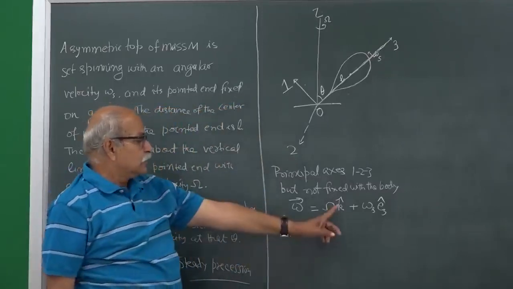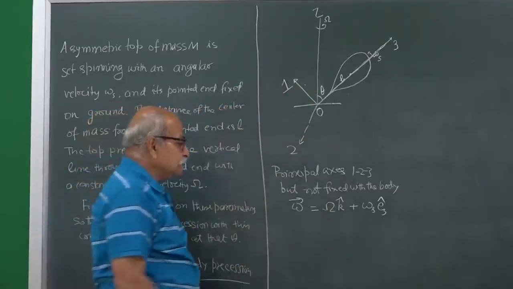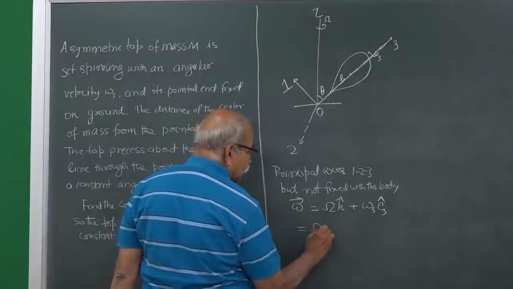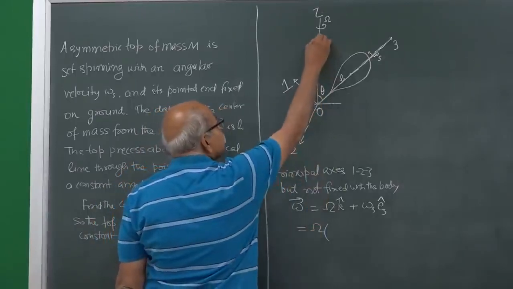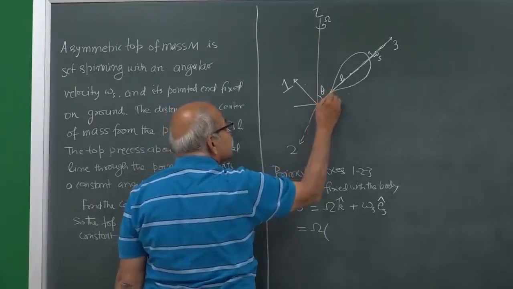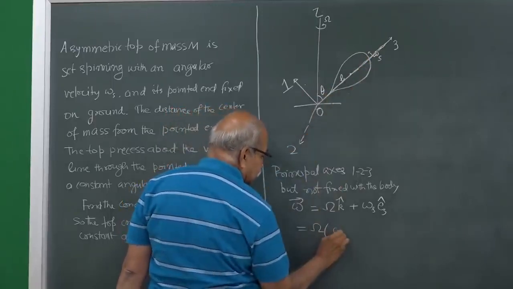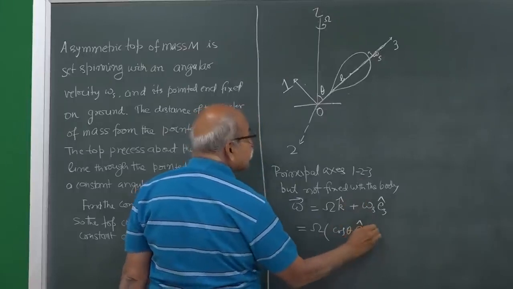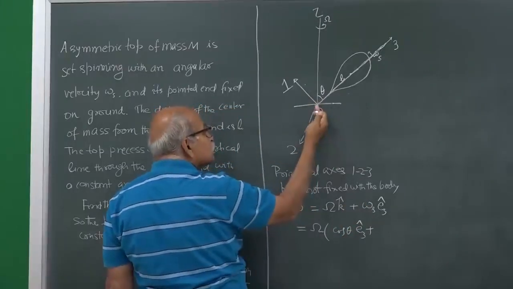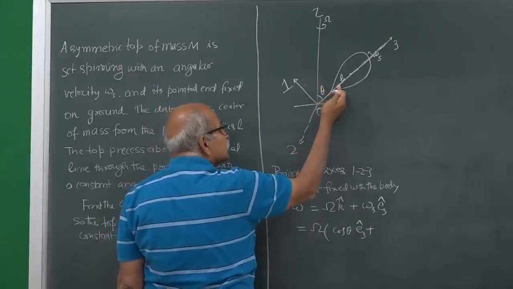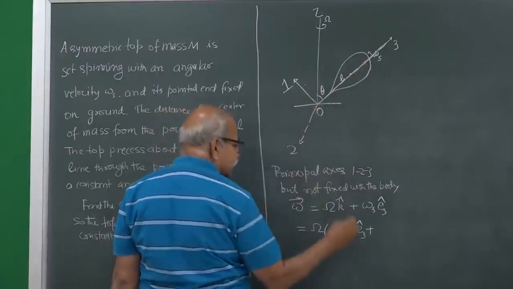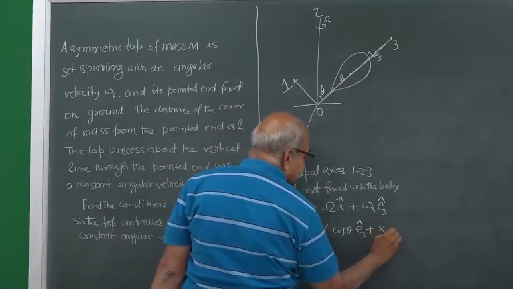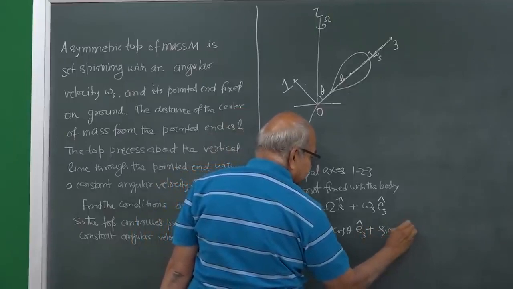And this k you can also write in E1, E2, E3: k cap is cos theta times E3 cap plus sin theta times E1 cap.